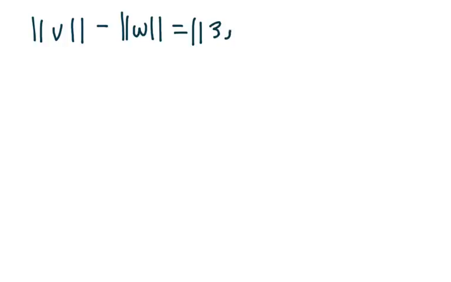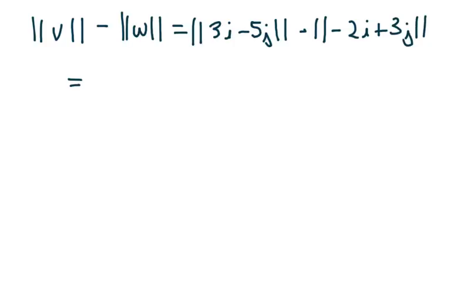Now in this one we have the magnitude of v minus the magnitude of w. So all you do there is take the magnitude of 3i minus 5j minus the magnitude of negative 2i plus 3j.